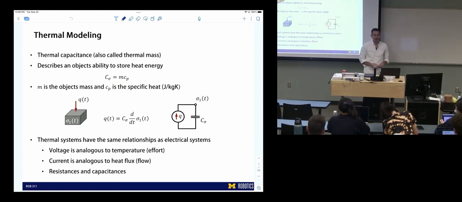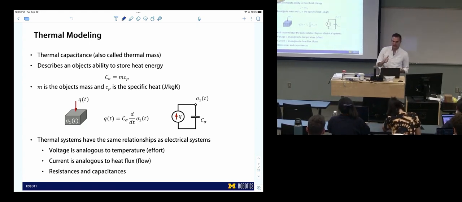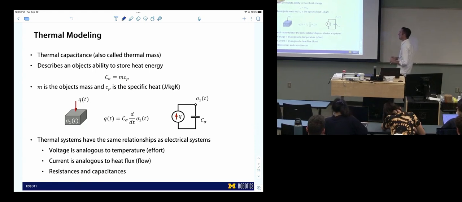We discussed that voltage is analogous to temperature, so it's an effort, and current is analogous to heat flow. This is the electrical side for capacitance. It's the mass storing heat energy, like a compressed spring.